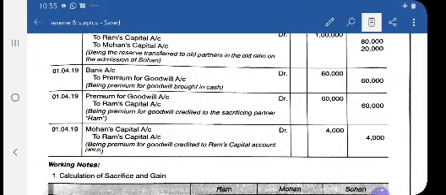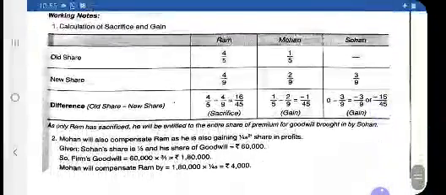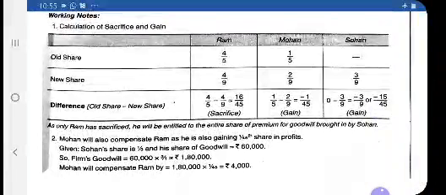And why this next entry, Mohan's capital account to Ram's? Again Ram is to be credited by Mohan also. Why? Check it here. Mohan will also compensate Ram, as he is gaining 1/45 share in profit. While calculating the sacrificing ratio, this is the result. And Sohan's share in the goodwill is 60,000.